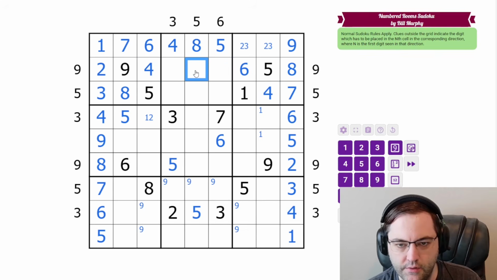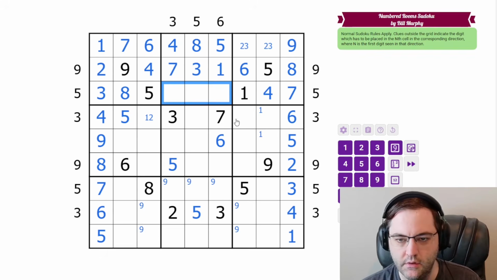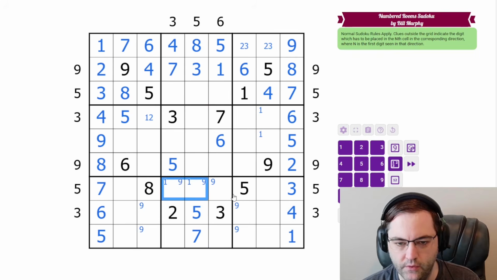These are 1, 3, and 7, which are resolved with the 3s and the 7. These are 2, 6, 9. 7 goes down here in this box. 1's in one of those. 8's in one of those.